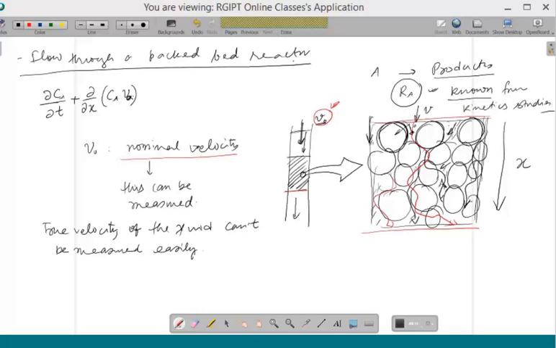That's the nominal velocity. And plus, let's say there's a possibility to have axial diffusion. So we can further assume there's an axial diffusion of species. Axial meaning species can diffuse away in the x direction.